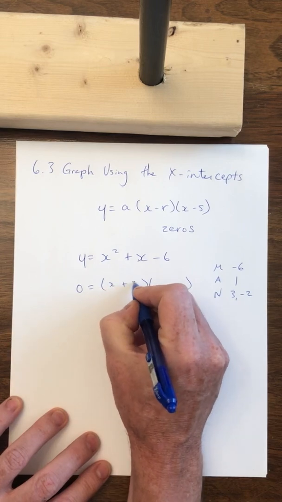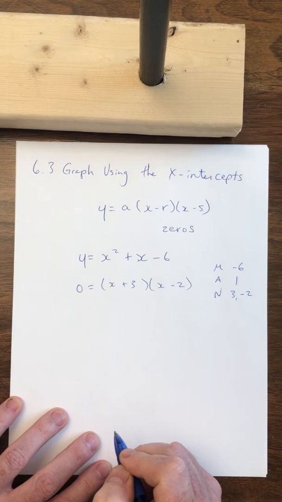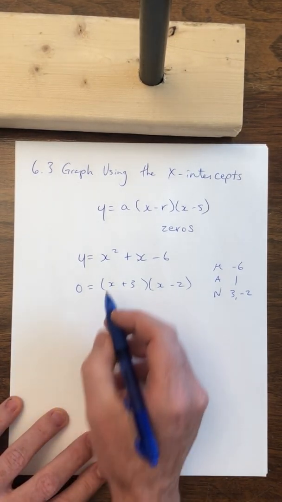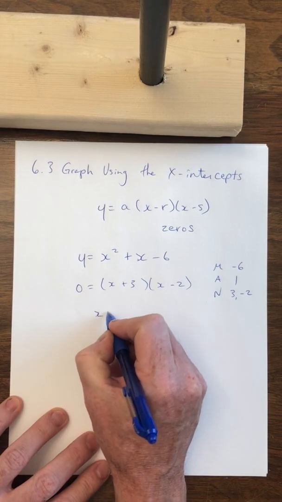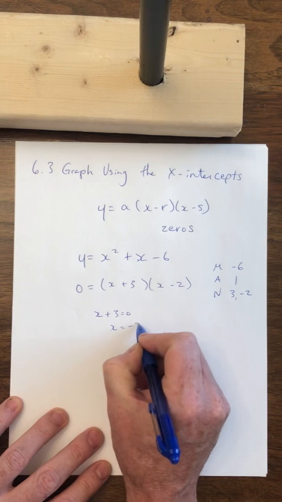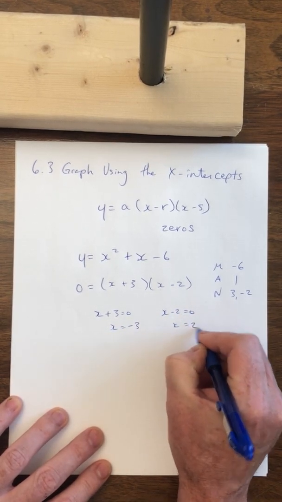So (x + 3)(x - 2). We can figure out what the x's are by setting both of these to 0. So x is -3, and x minus 2 equals 0, so x is equal to 2.